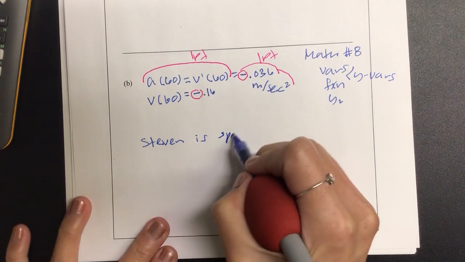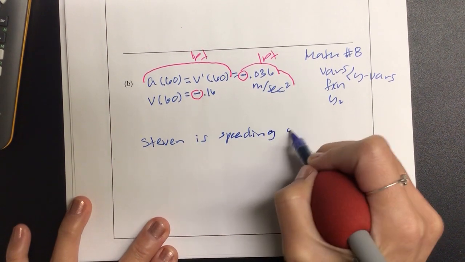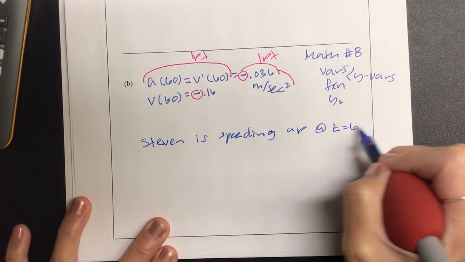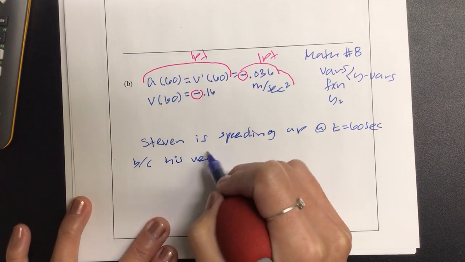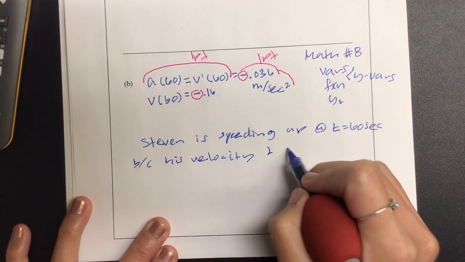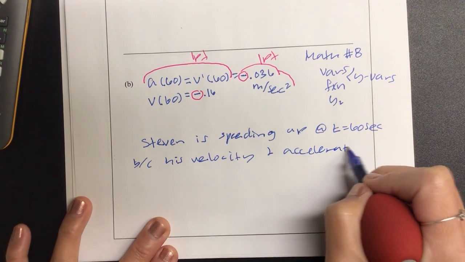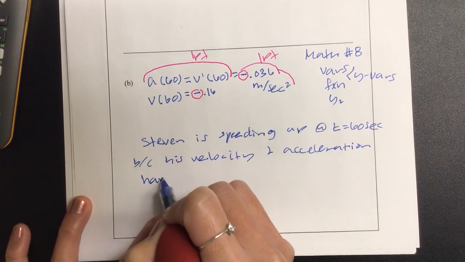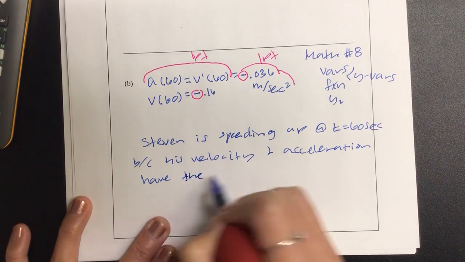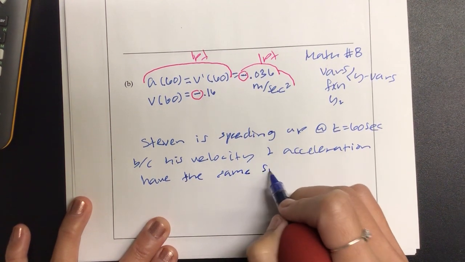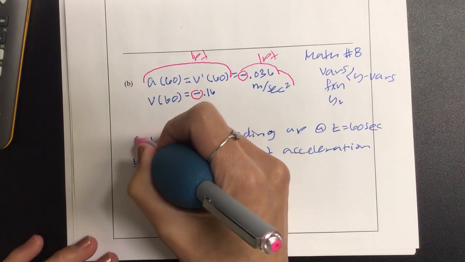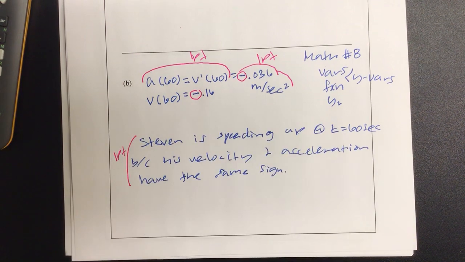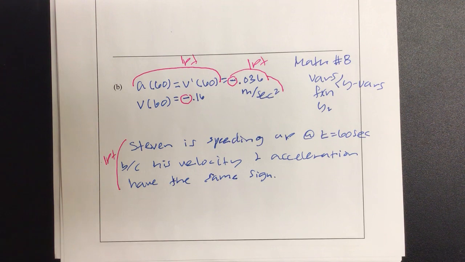So it's speeding up at t equals 60 seconds because his velocity and acceleration have the same sign. The same sign. And that will give us another point. So go ahead and put a check next to the one that you might potentially get right. And grade yourself as we go.